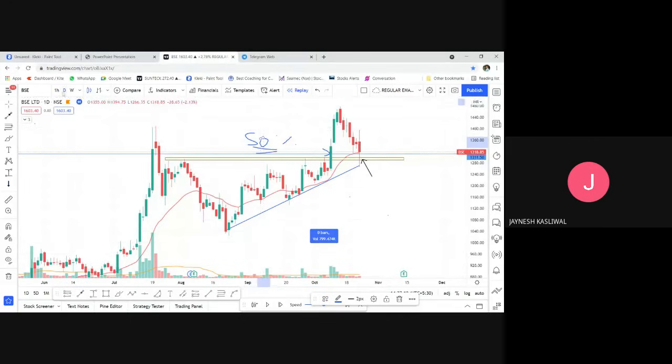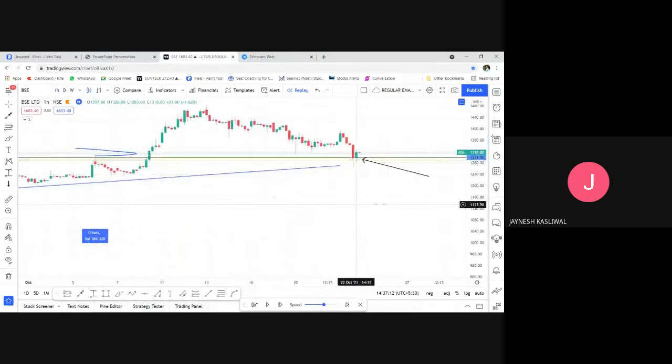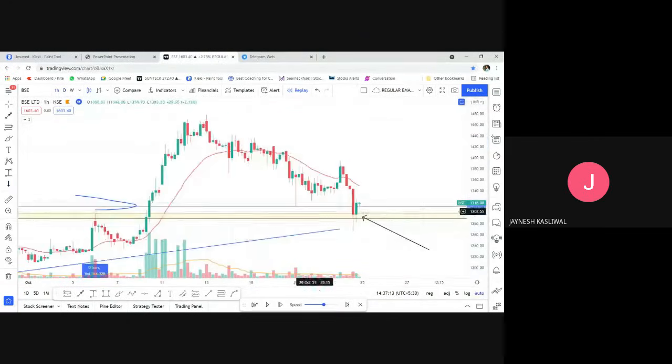Okay, now if you want to look at a smaller time frame, can you see on a smaller time frame that a reversal has happened on that breakout and retest area?